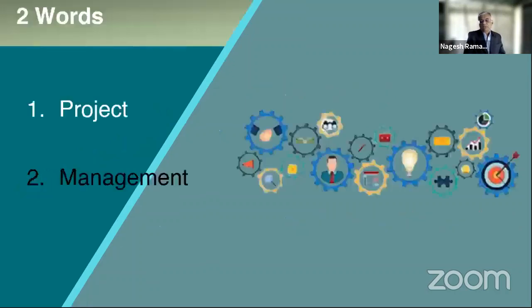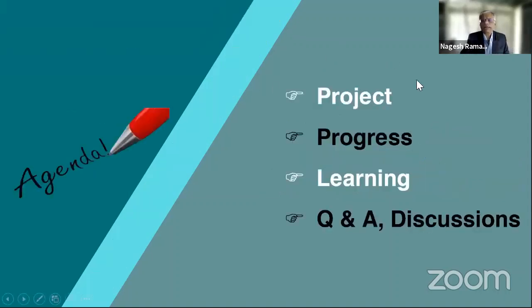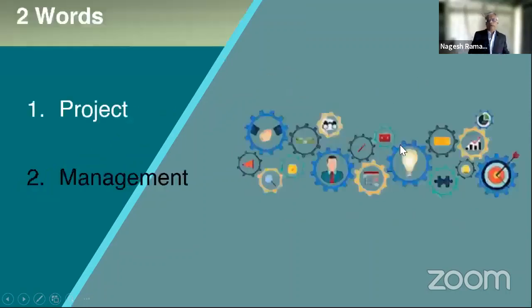If you look at these 2 words, project and management, project is mostly technical. Everything encompassed in projects is technical. So how are technical things going to get managed? Long ago, I was told that these 2 words are oxymorons.